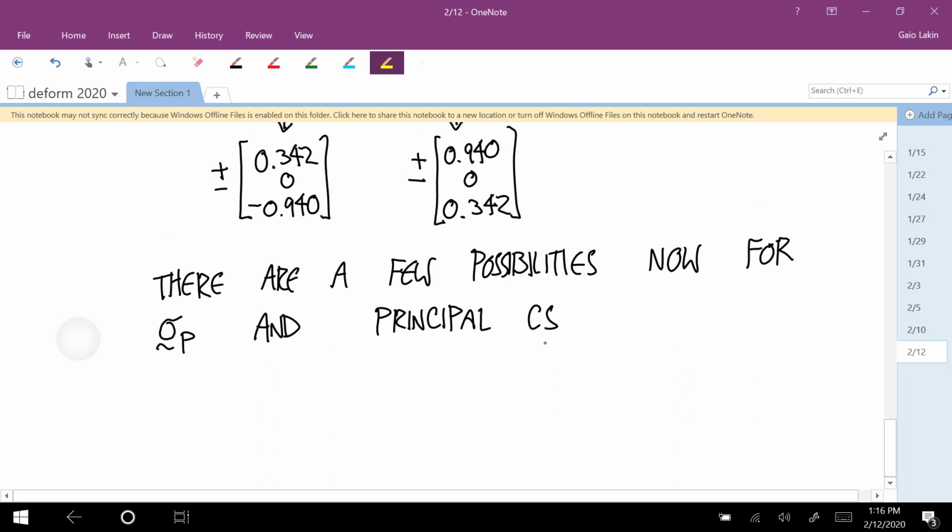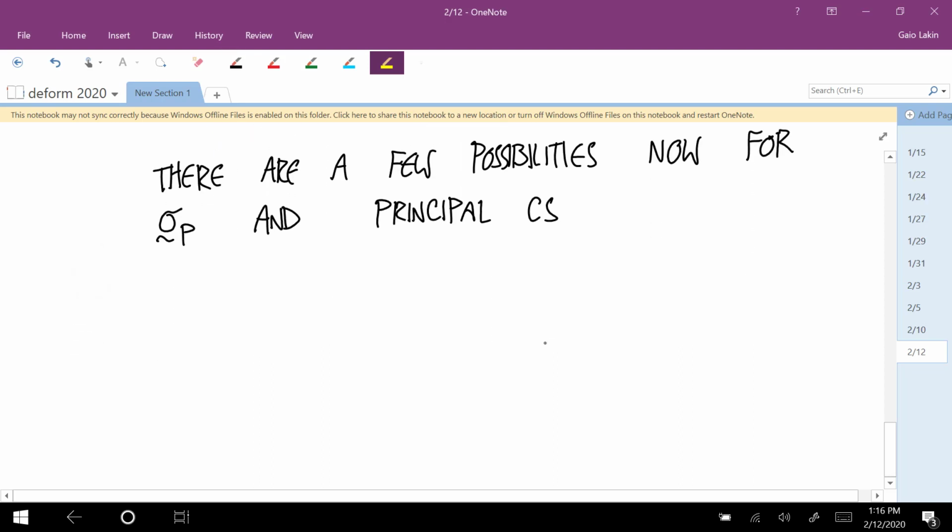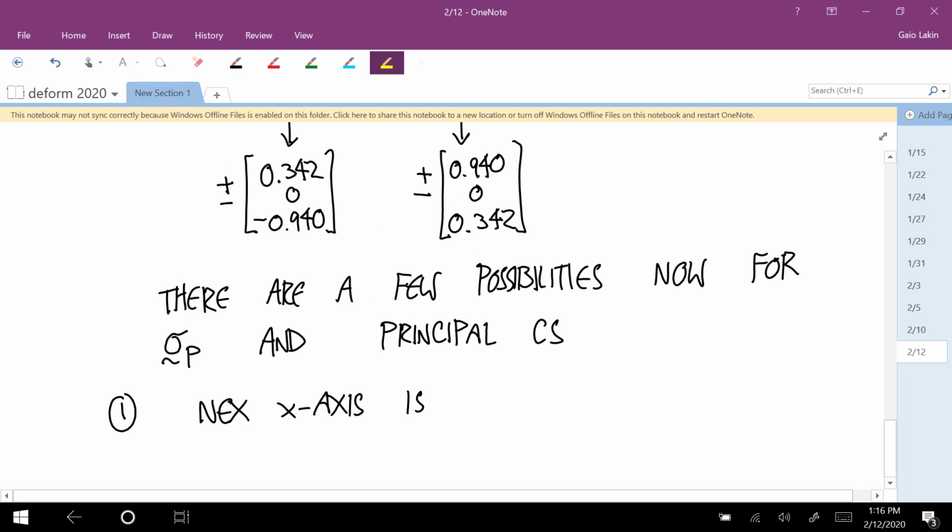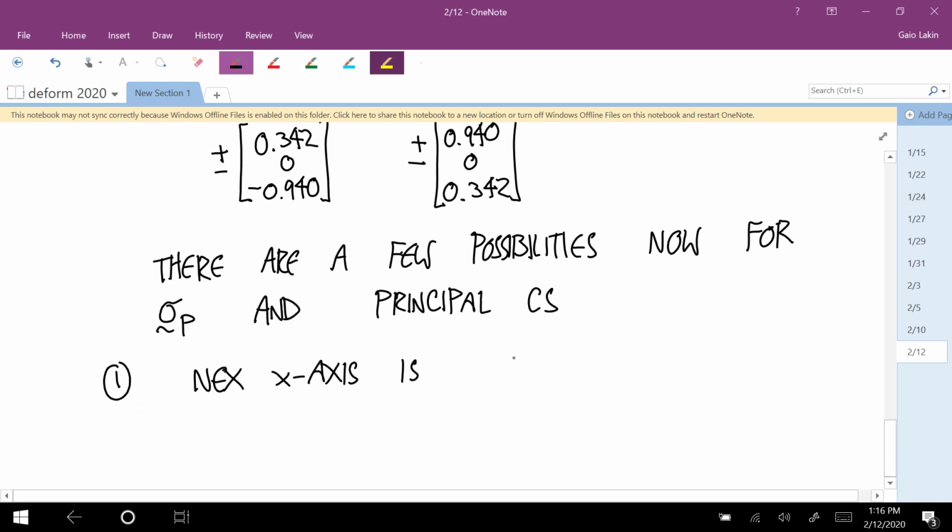Okay, one is, let's say, the new x-axis is the old 0.342, 0, negative 0.94.